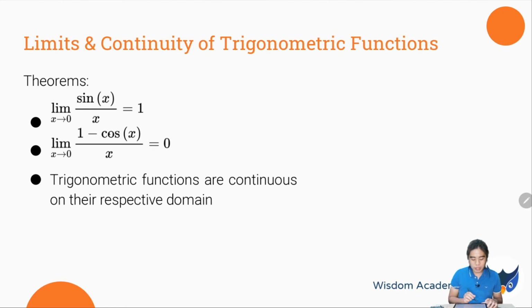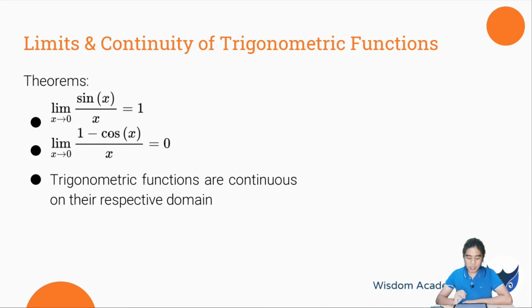Ito naman, limit of 1 minus cosine x over x as x approaches 0 is equal to 0. Ayan. So, itong dalawa na to could be used to solve the limits of trigonometric functions. And lastly, trigonometric functions are continuous on their respective domain.